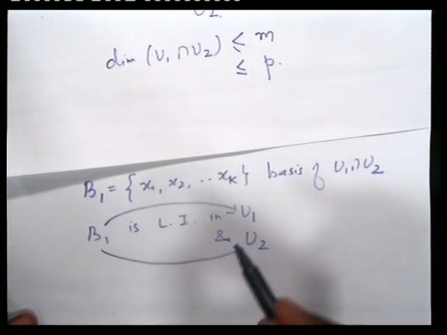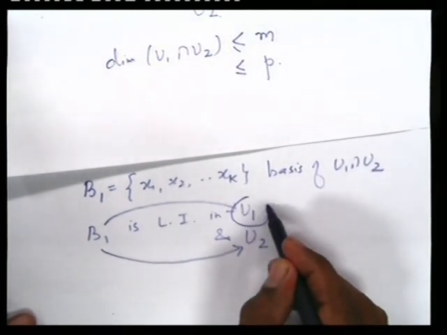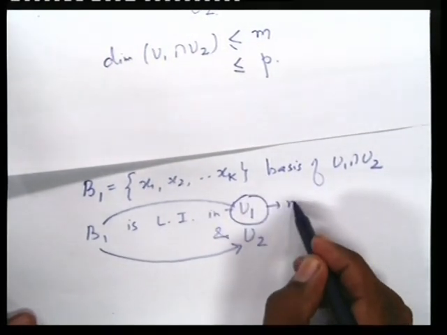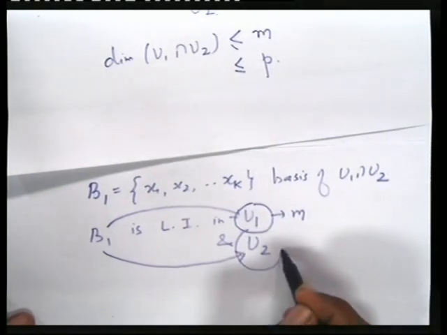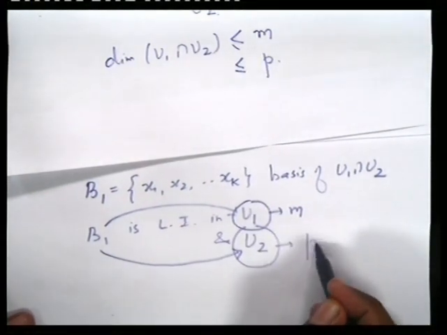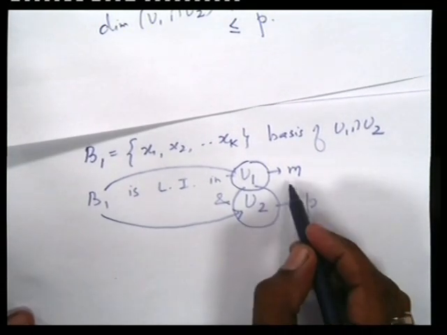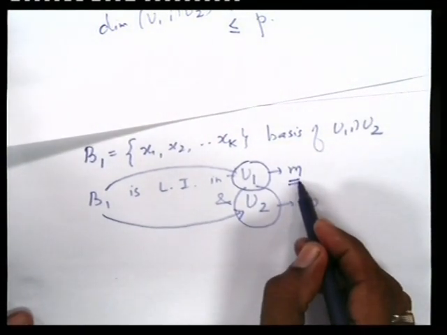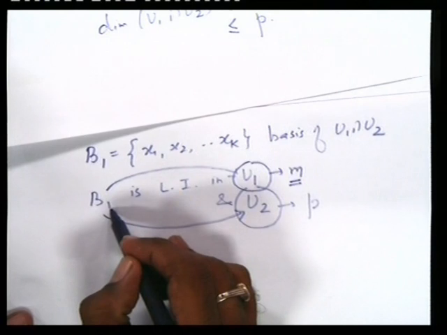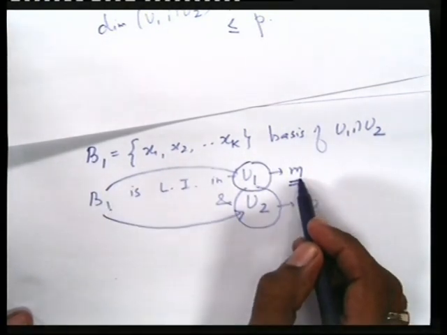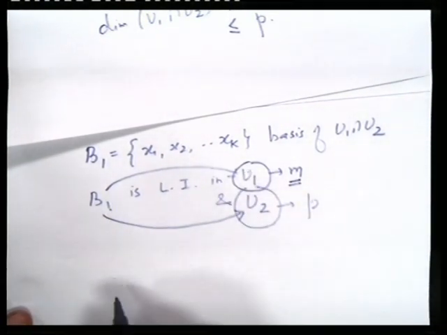Now we know that the number of vectors in the basis of U1 must be m and the number of vectors in the basis of U2 will be p. So we can add a few vectors to B1, reaching up to m vectors, so that it can be a basis for U1.